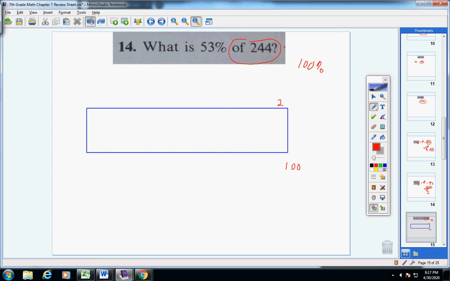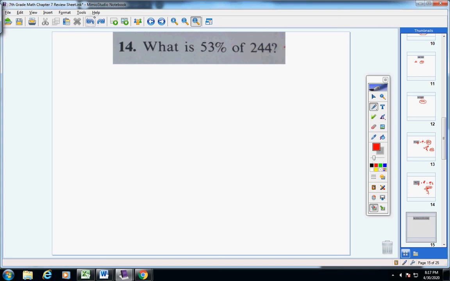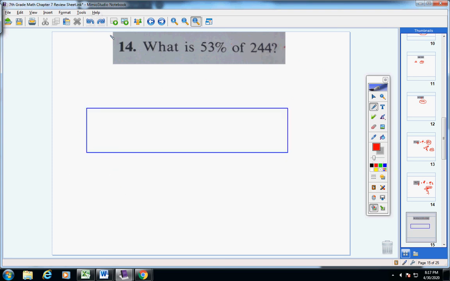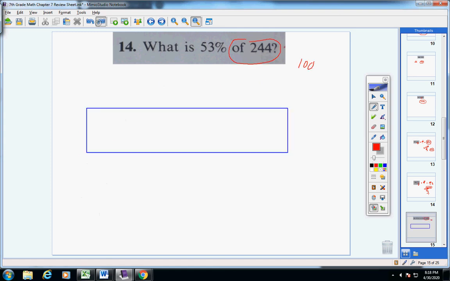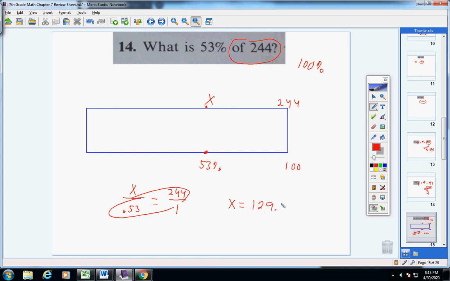And we got, well, it's partially erased, but we got this right here. Look, we just did that, okay? So, multiply those two numbers together right here, and you'll get your answer, 129.32. So, guys, I don't care which method you use.